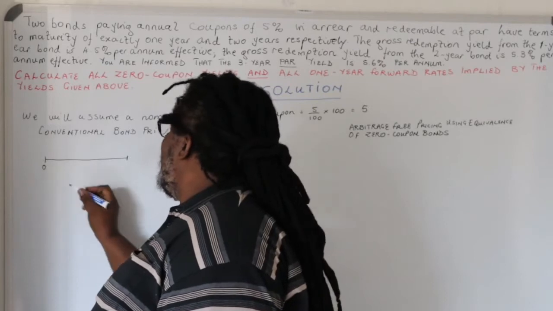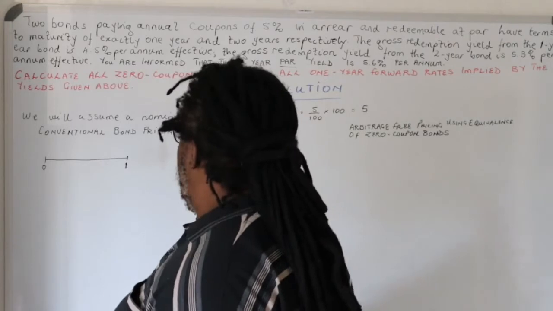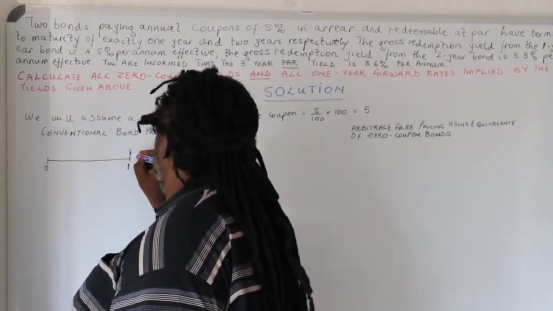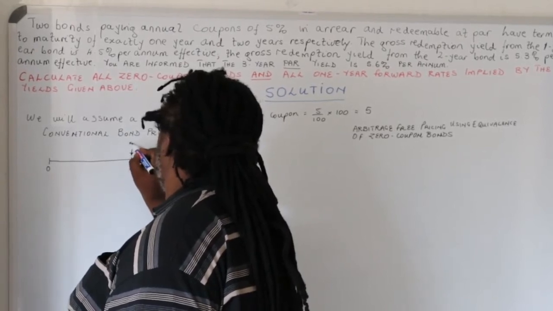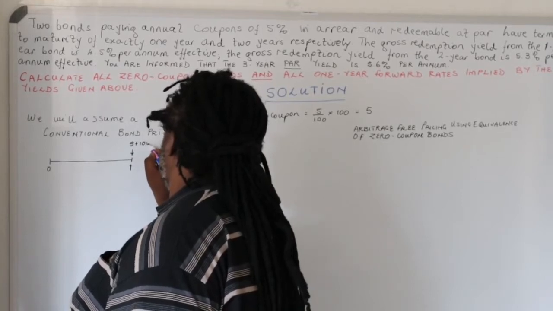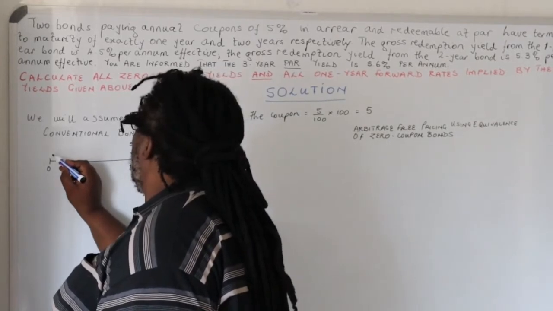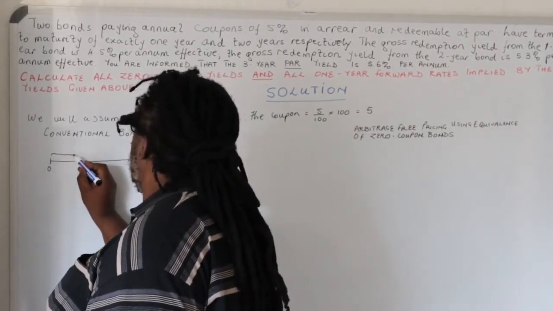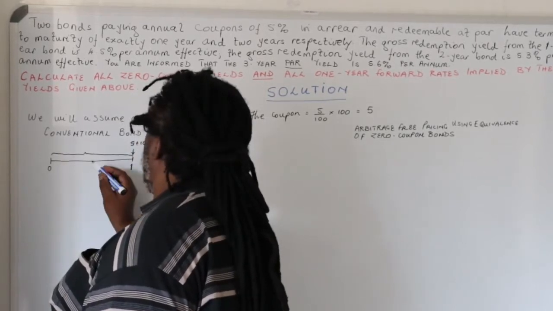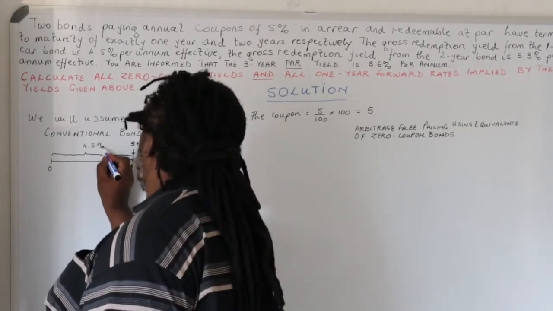So if you start from 0, it matures here, and at the point where it matures, you are paid your coupon 5 plus the 100 par value of the bond, and we are told that the yield there is 4.5%.